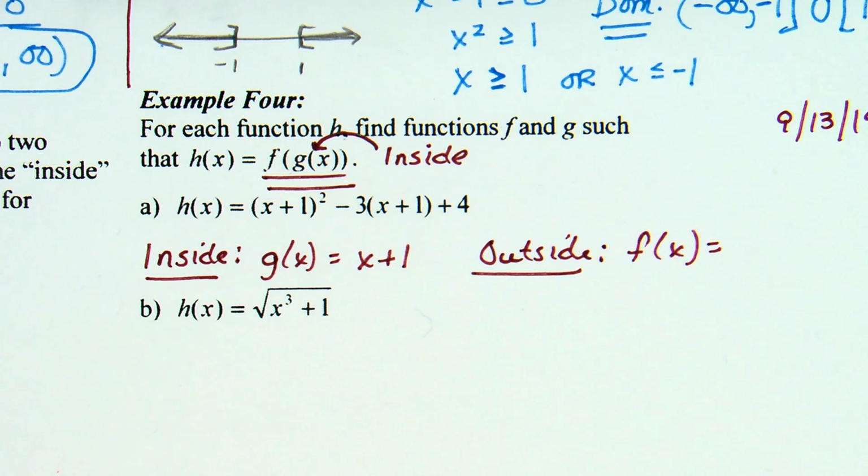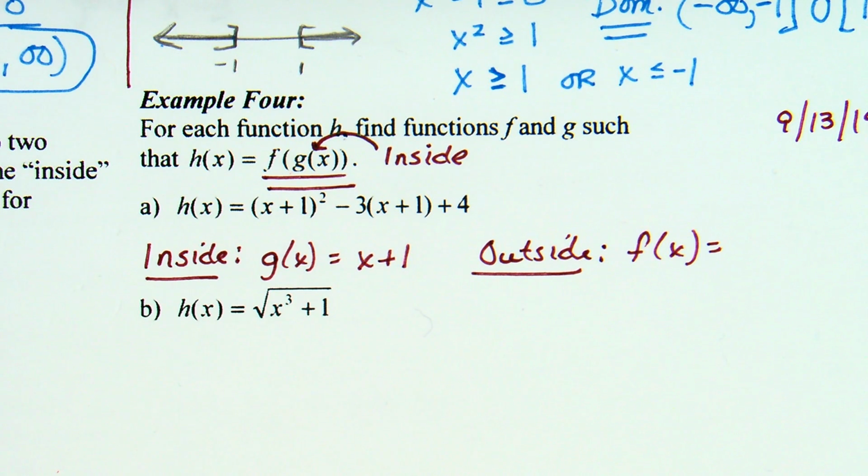So now, as you think about that, it's x plus 1 squared minus 3 times x plus 1 plus 4. Those insides replace what? Those insides replace x. So every place there's an x plus 1, what is that going to be now? An x.